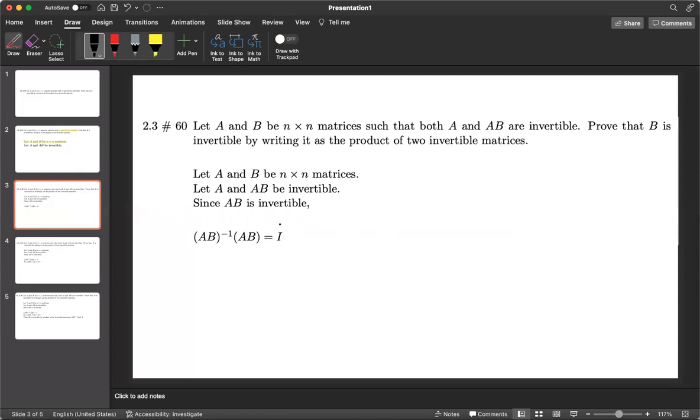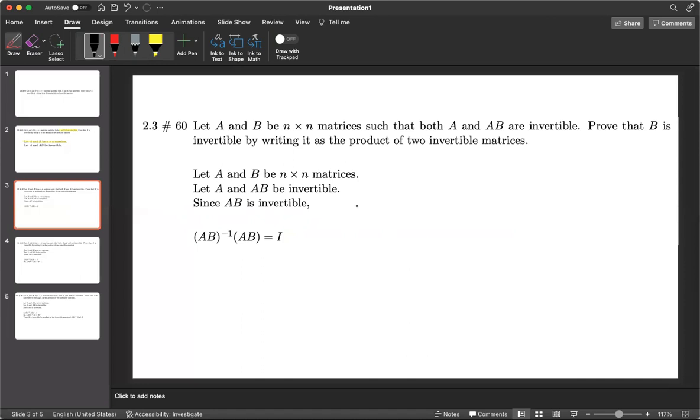we know that if AB is invertible, which means when something is invertible, it means there exists a square matrix such that this multiplied by it will give you the identity matrix.